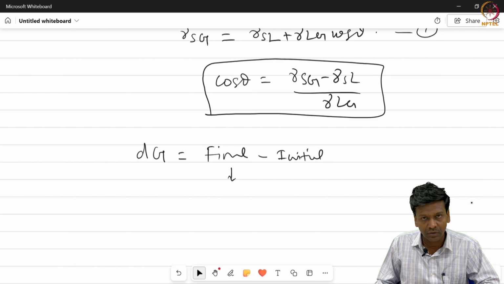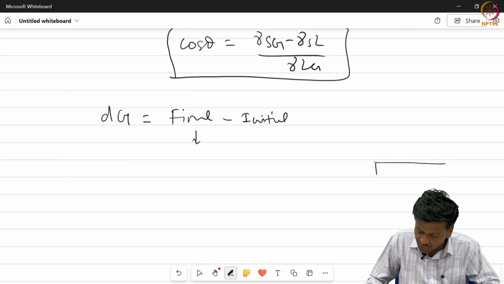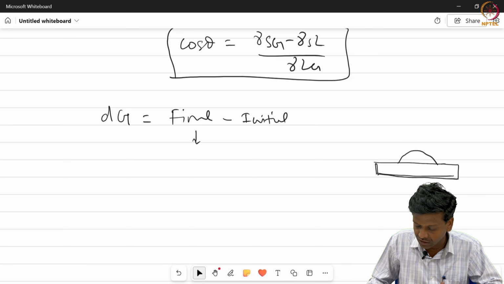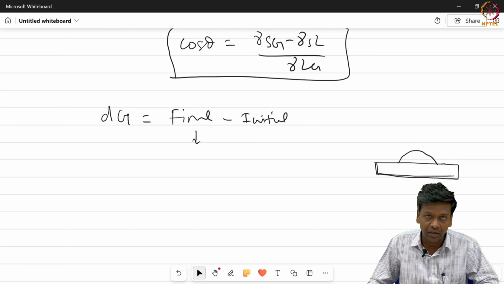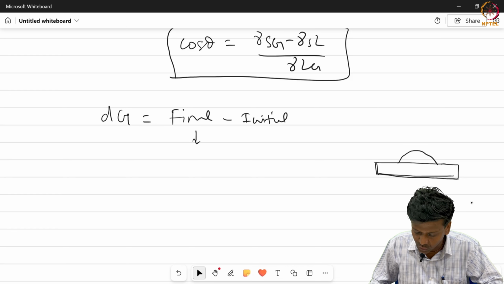In this way, you can say that the process is spontaneous. So let's say initially we have a droplet. When you place the droplet on the surface at time t equal to 0, after it reaches the contact point, it will try to spread until it reaches equilibrium, right? So this is what we know.